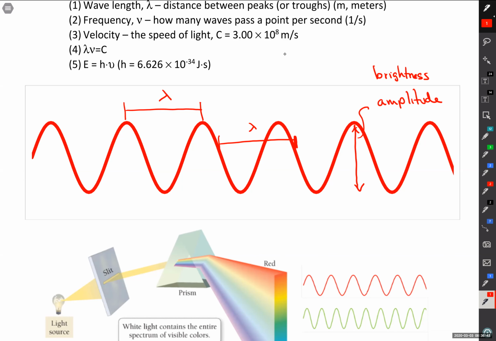The wavelength is related to the color. And the brightness thing, if you take Chem 1A, will be clarified, like what it means when it's brighter. It's actually two waves added together that make it brighter.